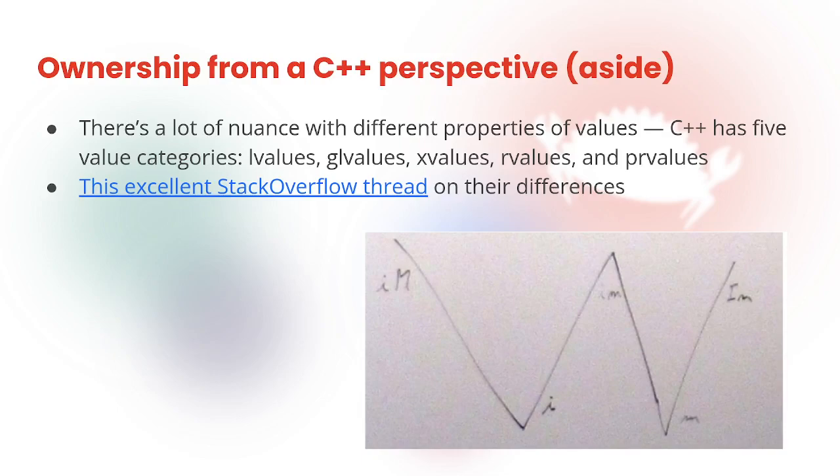This is the kind of thing that makes me really excited about programming languages, because you took this idea of references, pointers, all that complexity, and you just condensed it into two properties, movability and identity, and drew this very simple diagram. I really encourage you to read this Stack Overflow thread. Without context, it kind of doesn't make sense, but it's really simple, right? This encapsulates all of the different properties of C++ values, and I think it's really beautiful.